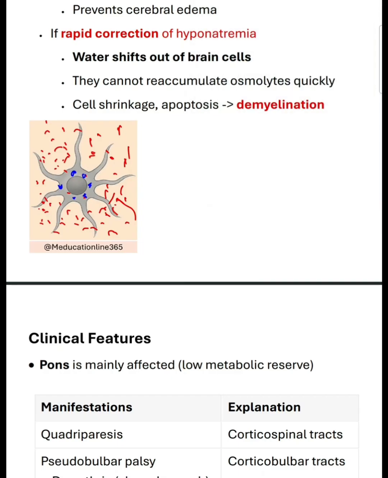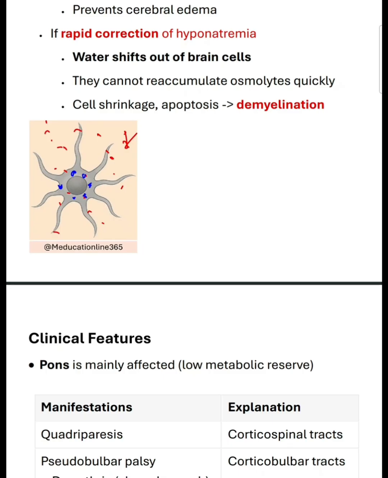Now, if a patient is suffering from hyponatremia, that is low sodium concentration in the plasma, what happens? It means the sodium concentration in the extracellular fluid is going down, right? When that happens, the osmolarity in the extracellular fluid is going down.